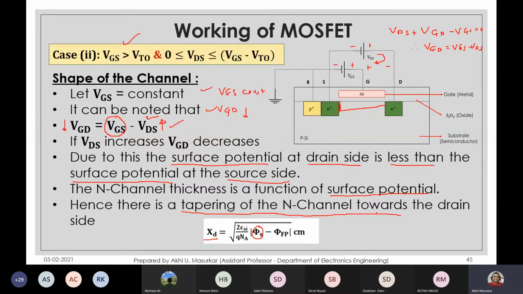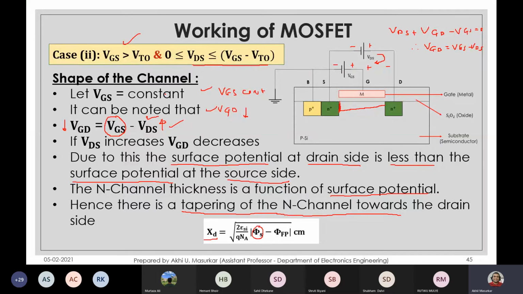Now the question arises, what if I increase VDS? So now my VDS is less than VGS minus VTO. What will happen in the channel region if VDS is equal to VGS minus VTO, and if VDS becomes greater than VGS minus VTO?